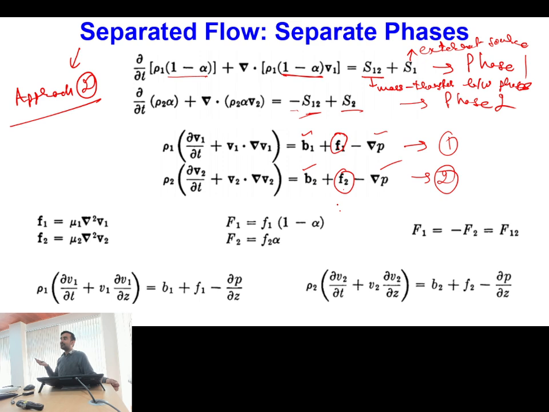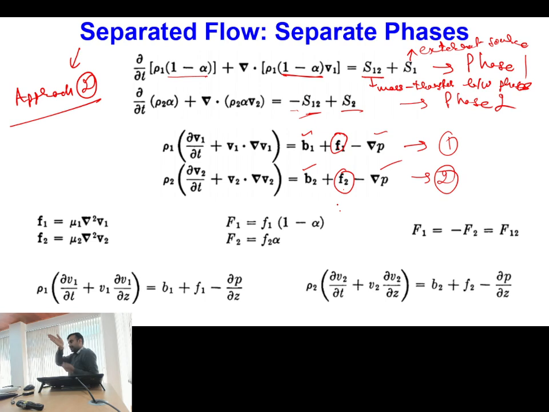But if you have flow situations like stratified flow, what will happen? In stratified flow, half the portion of the tube cross section is covered by fluid 1, and the remaining portion is covered by fluid 2.